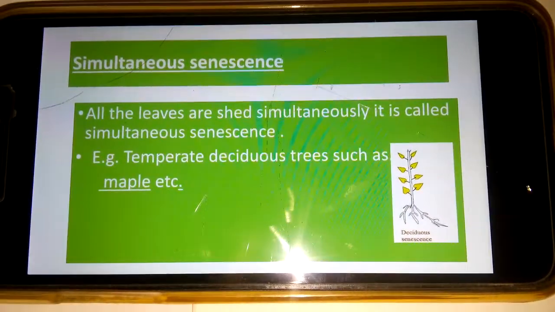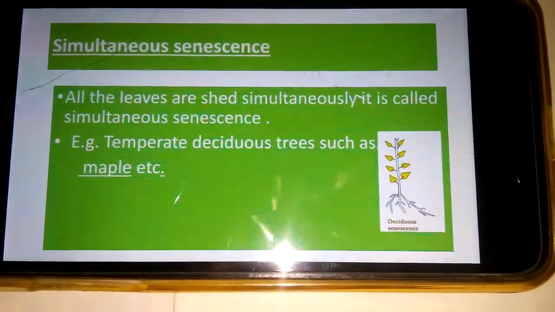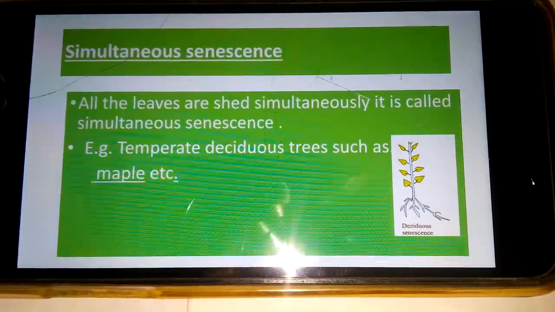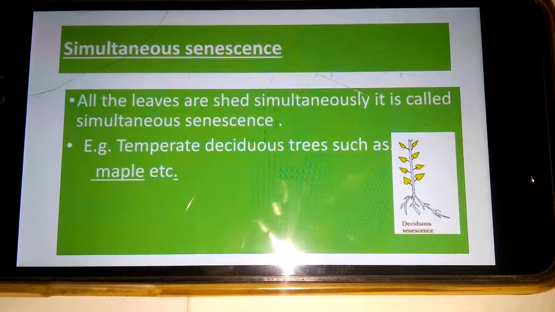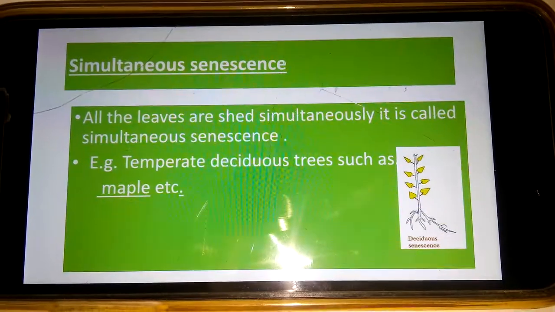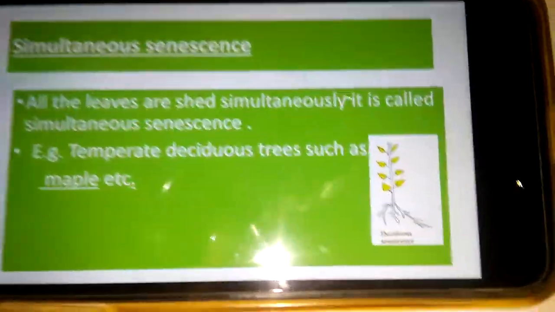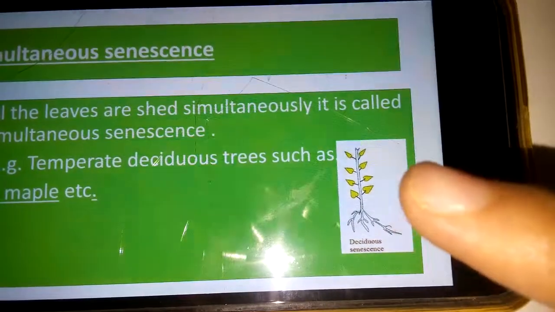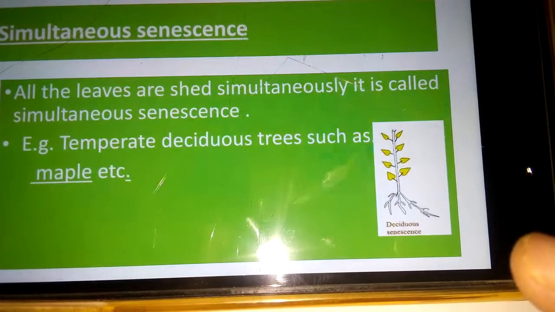After this, simultaneous senescence. This type of senescence is also called deciduous senescence. All the leaves are shed simultaneously. It is called simultaneous senescence. In this diagram, the white shaded part is totally senescent.